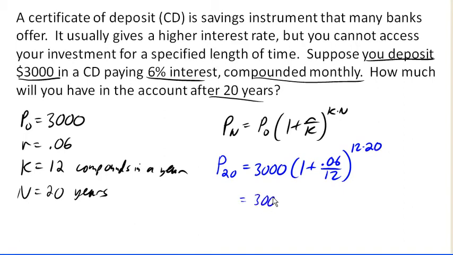Oftentimes, I'll go ahead and divide the 0.06 by 12, and come up with a value there. But I'm actually going to show you a way to avoid that, so I'm not going to do that yet. But I am going to go ahead and multiply 12 times 20 to get 240, because that's definitely going to make my life easier.